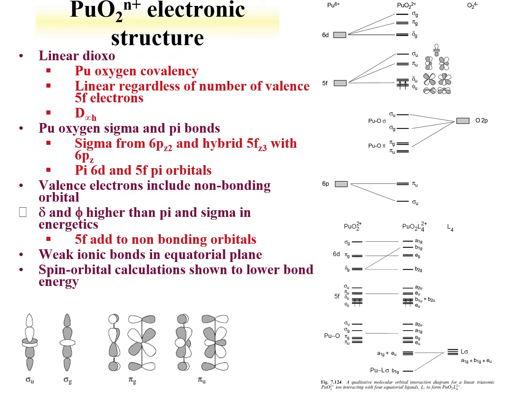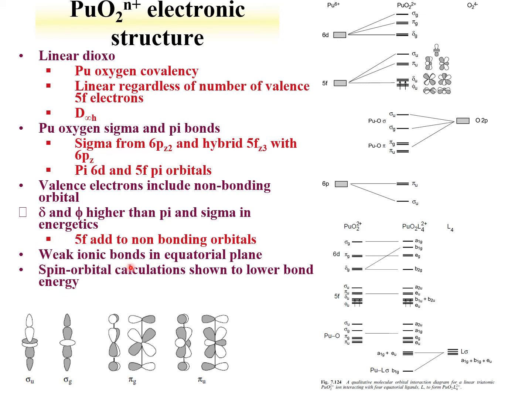And like the uranium system, the PuO2 cation, the structure is also linear. The symmetry is the same as what you would expect for the uranyl system. The plutonium interacts with the oxygen, forming sigma and pi bonds, just as we saw in uranium.